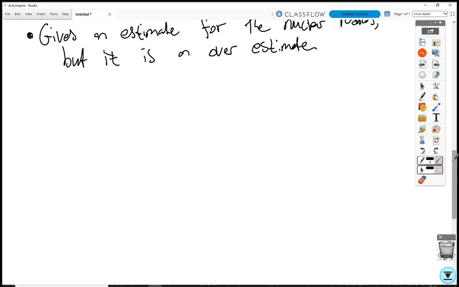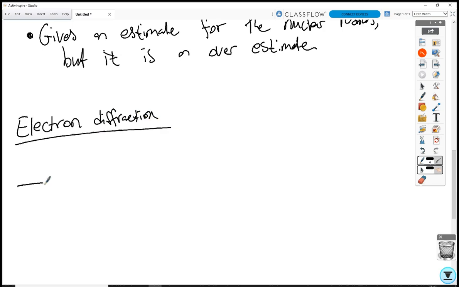Next, we'll look at the nuclear radius using electron diffraction. So, we start with a filament. When the filament gets hot, it starts to emit electrons. Then we pass it through a small tube, which is electrically charged, so the electrons accelerate towards that tube. So it's at some potential difference, V volts.